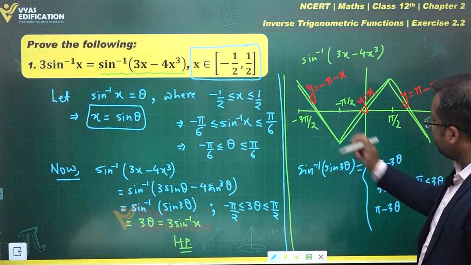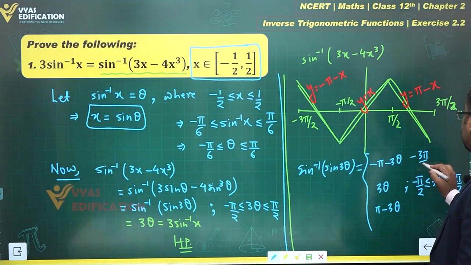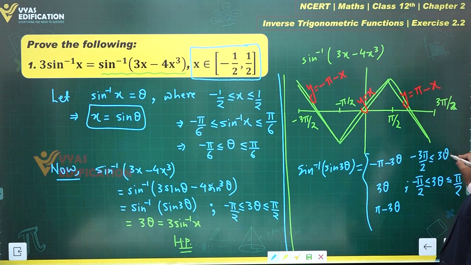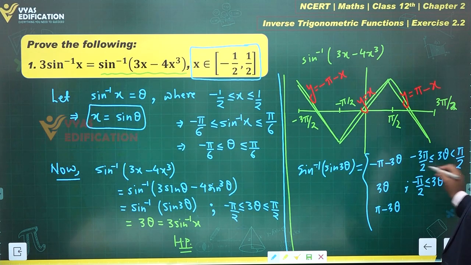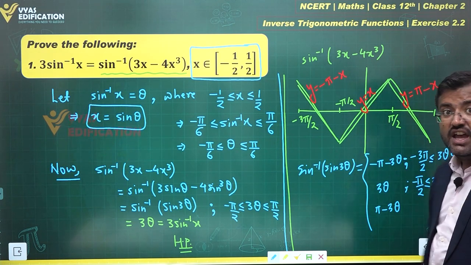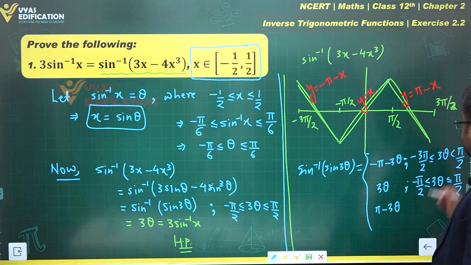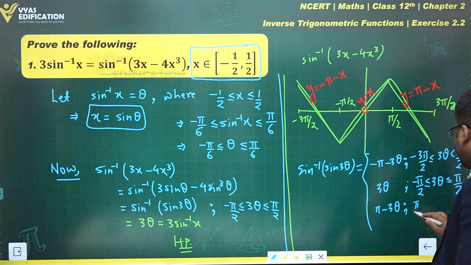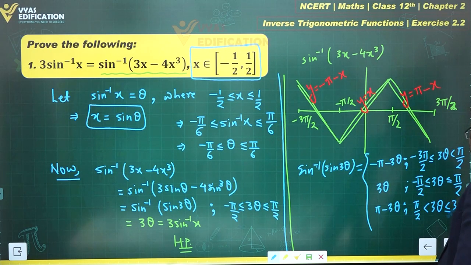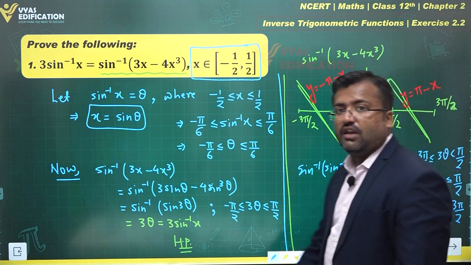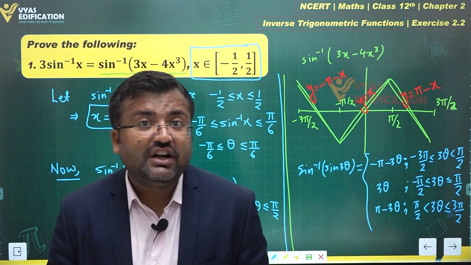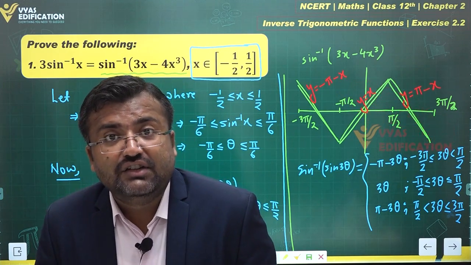Before this, in the interval minus 3 pi by 2 is less than or equal to 3 theta is less than pi by 2, you get this definition. In the interval after this, you get another definition. What's that? Pi by 2 is less than 3 theta is less than or equal to 3 pi by 2. So different definitions in different intervals.